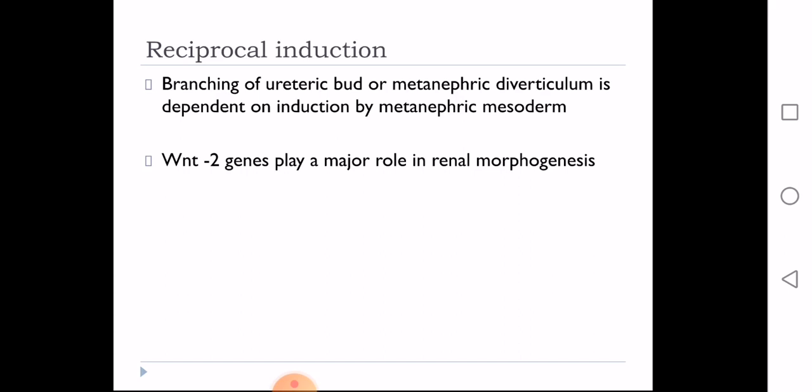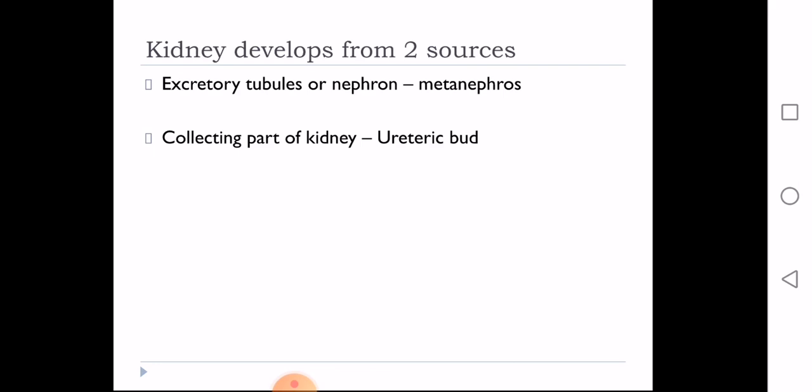The branching of the ureteric bud, or the metanephric diverticulum, is dependent on induction by the metanephric mesoderm, and it is controlled by certain genes, especially the WNT2 gene. It plays an important role in renal morphogenesis. So, in short, the kidney develops from two sources. The excretory part develops from the metanephros and the collecting part develops from the ureteric bud.